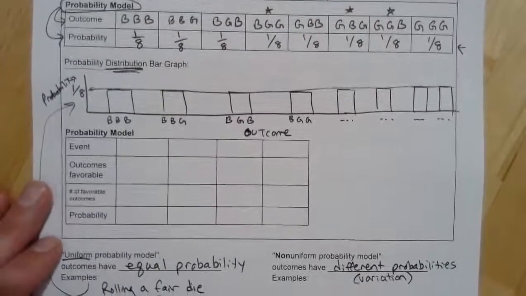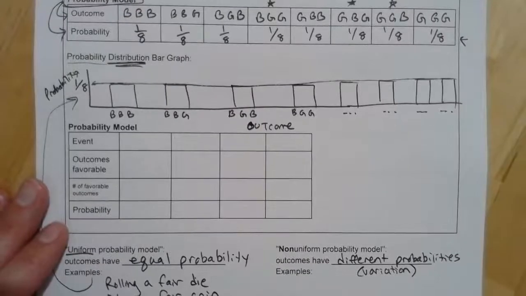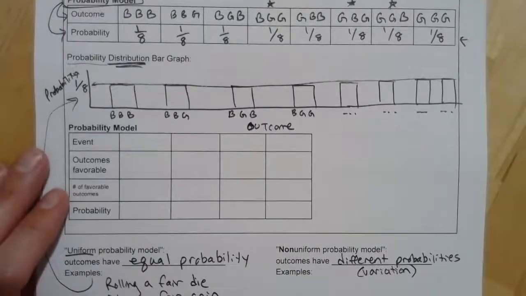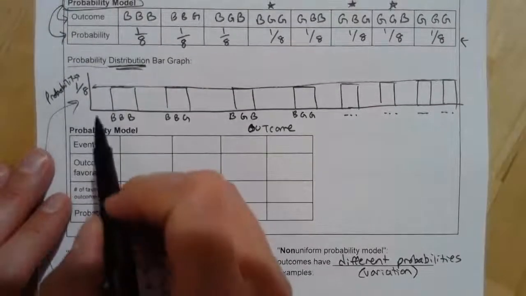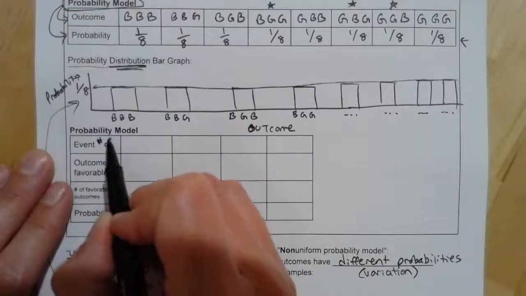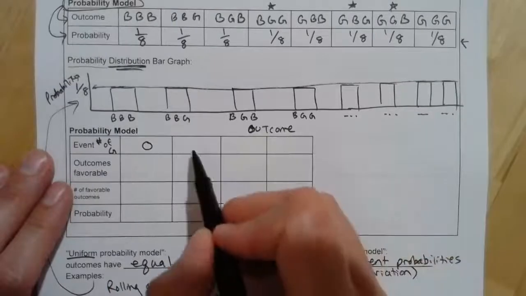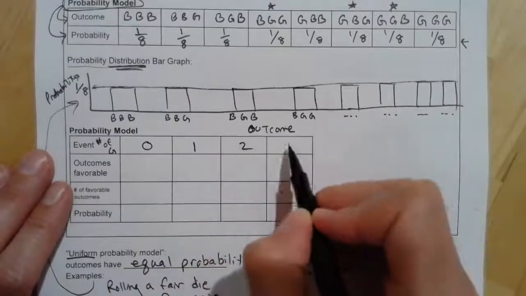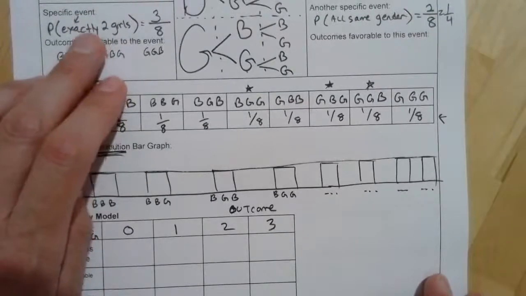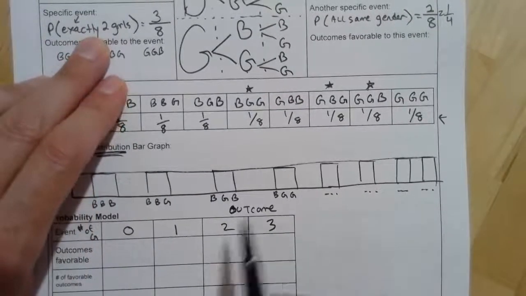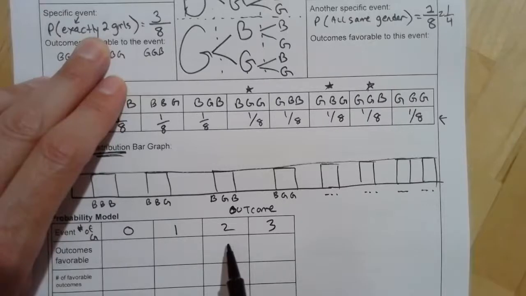Okay, so let's go down to here. We've talked about this a little bit before, but if the event is the number of girls, then we can talk about the probability that there'll be 0 girls, 1 girl, 2, or 3. And we actually already talked about how the probability of exactly 2 girls, that there's 3 outcomes favorable to that.